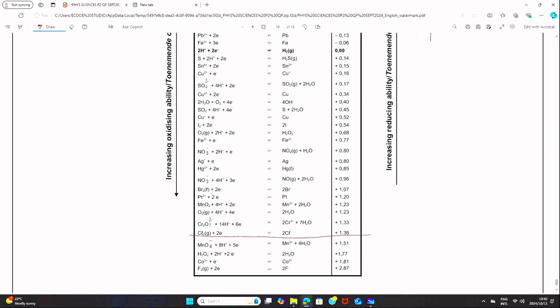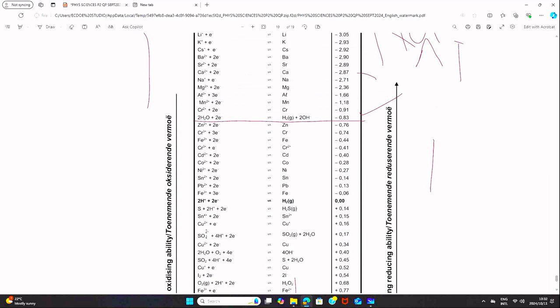So these are the only two that will be reacting in this cell. So there is a half reaction at the cathode, and a half reaction at the anode. We said this is the half reaction at the anode, so we're going to write it from right to left. And then the water is the half reaction at the cathode. We're going to write it from left to right.